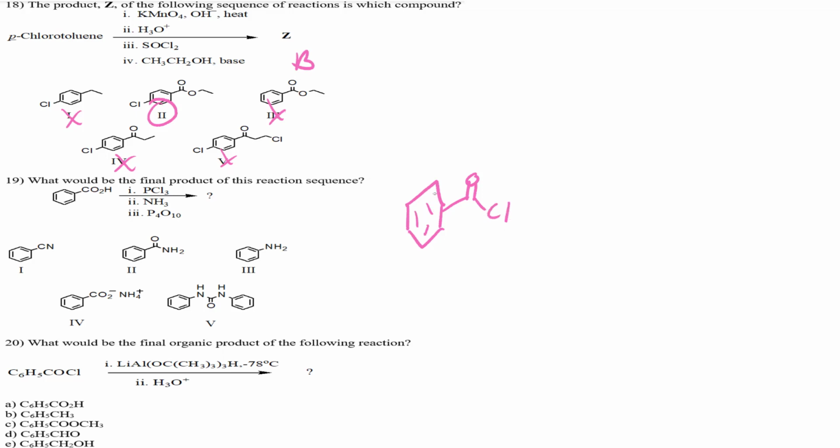So now we have an acid chloride to be reacting with, okay? You will now be reacting with NH3 and P4O10, okay? And whenever these two are in combination with an acid chloride, you're going to be making a cyanide, okay? So these two together make a cyanide.